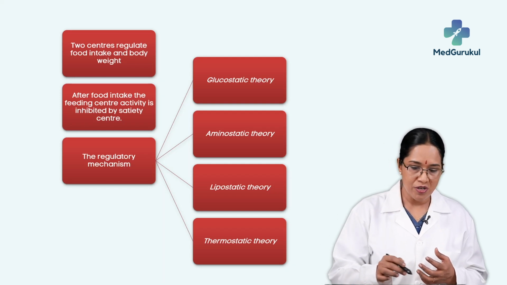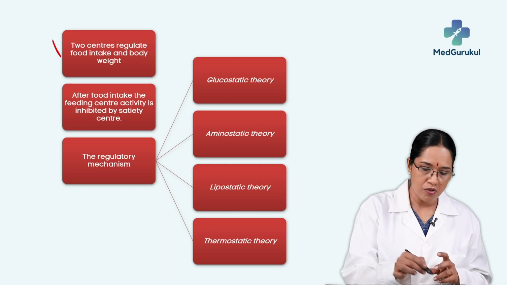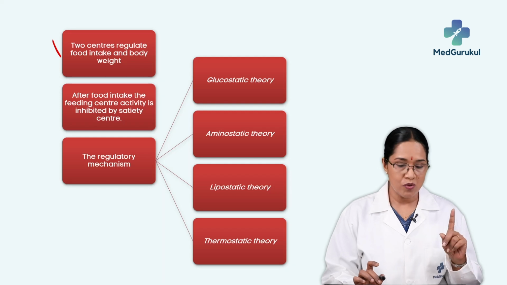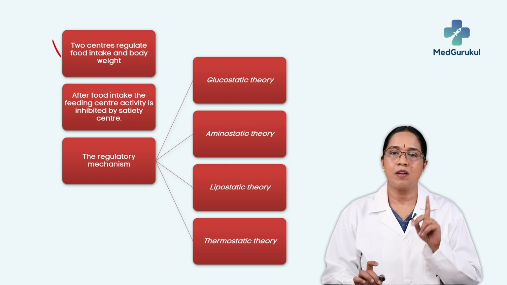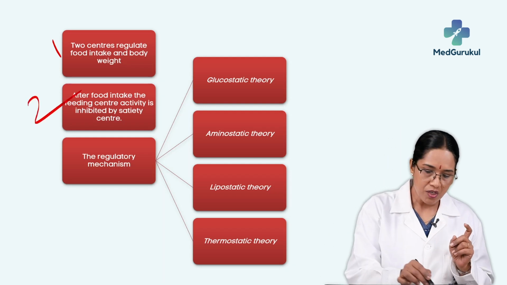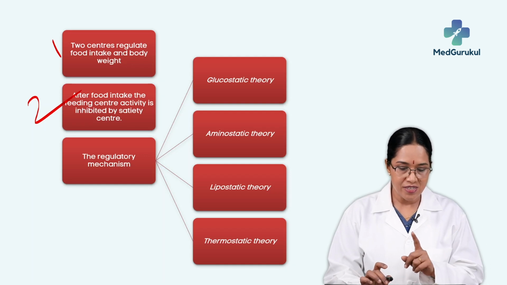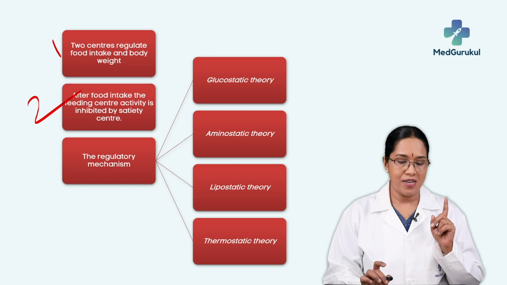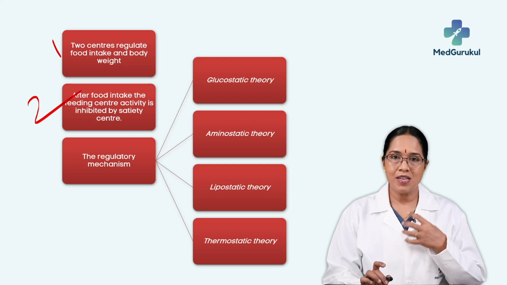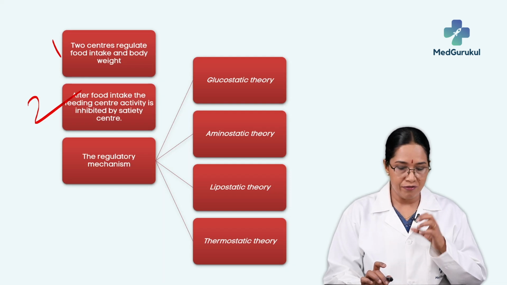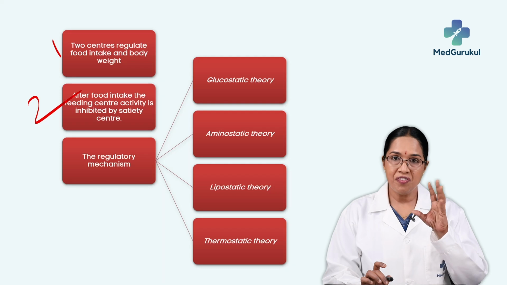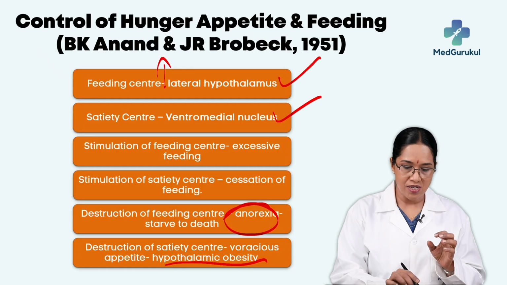So, look at the points which I mentioned here. First thing you want to remember, there are two centers which are regulating food intake and a person's body weight. Number two is, after food intake, the feeding center activity is inhibited by the satiety center. That means after the person has taken in enough food.